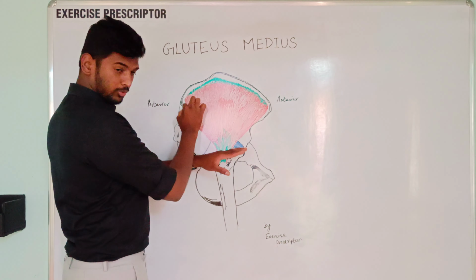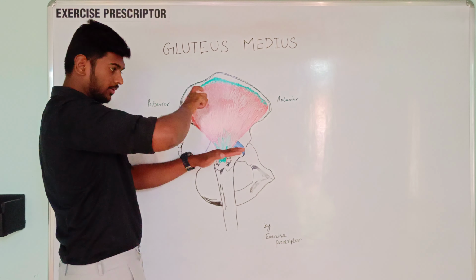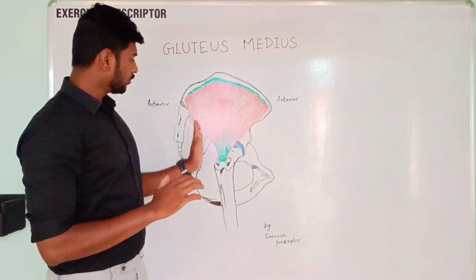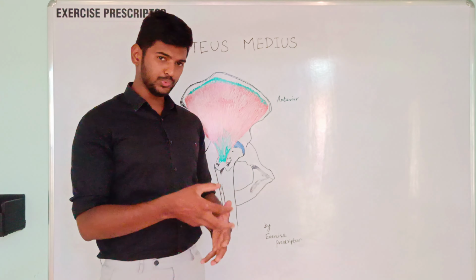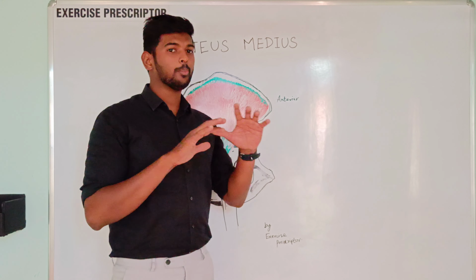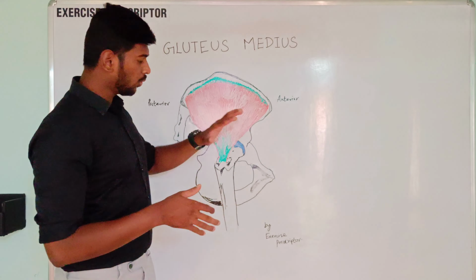And if I pull the posterior fibers in this direction, it helps to posteriorly tilt the pelvis. So the Gluteus Medius anterior and posterior muscle fibers help to anteriorly and posteriorly tilt the pelvis. This is not a primary action, but for the tilting movement of the pelvis, it also works.